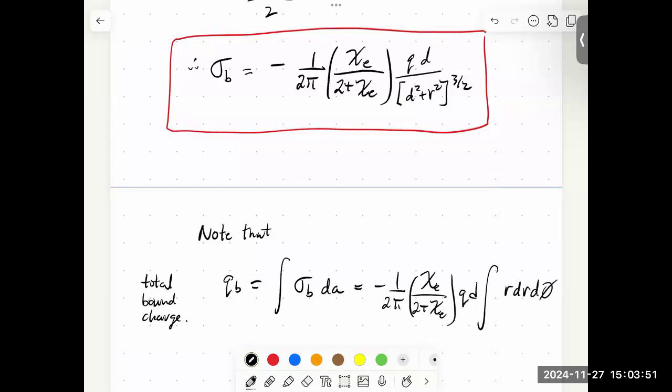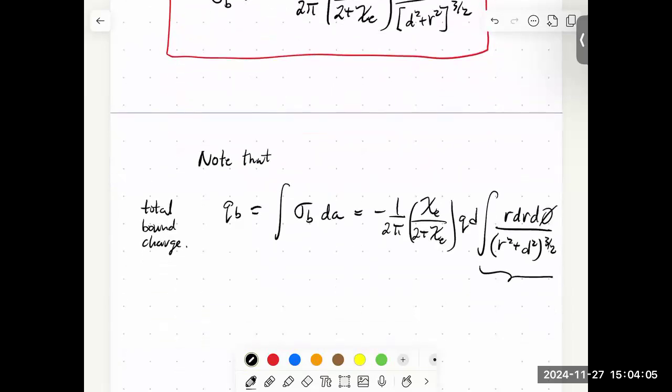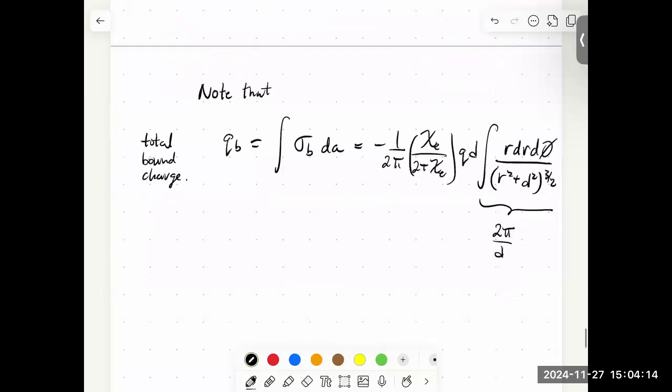That's our dA, divided by r squared plus d squared to 3/2. This is not a hard integral to do. You could do a simple substitution. If you do that, what you're going to find is that this is just 2 pi over d. And so you end up with minus the susceptibility over 2 plus the susceptibility times q.